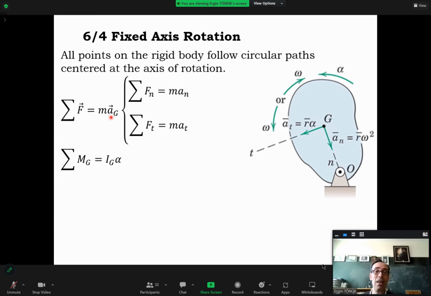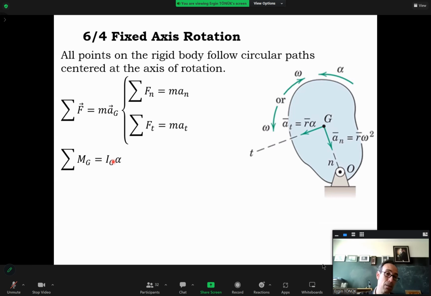And as I say, they yield identical results for circular motion. The book uses normal tangential coordinates, so we can split it into two equations. And you will take moment about the mass center, and it's going to become mass moment of inertia about the mass center times the angular acceleration. This is the regular equation, okay? So these two form the Euler's first law and the second law.